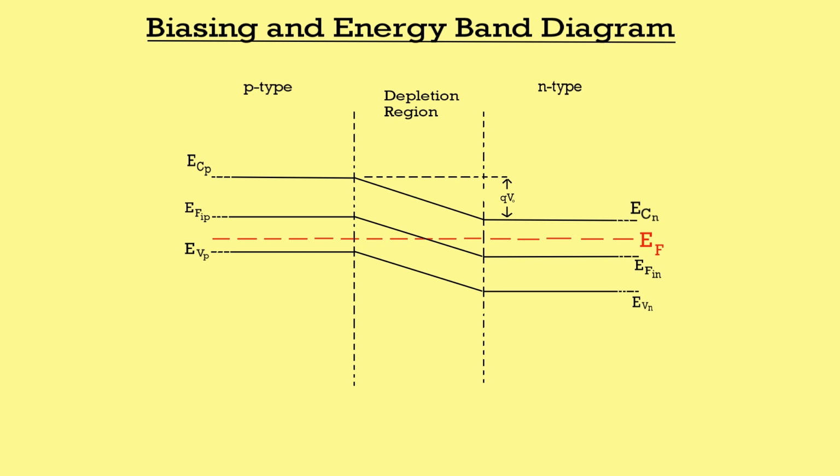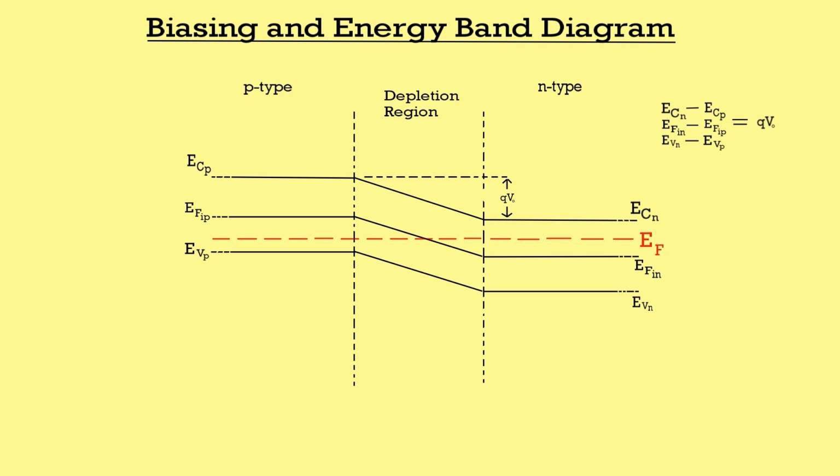Remember that the point which is lower in the energy band diagram is at higher potential. Therefore, conduction band energy level in the N-type region minus conduction band energy level in the P-type region is equal to qV0. The same can be said for intrinsic Fermi energy level and valence band energy level.